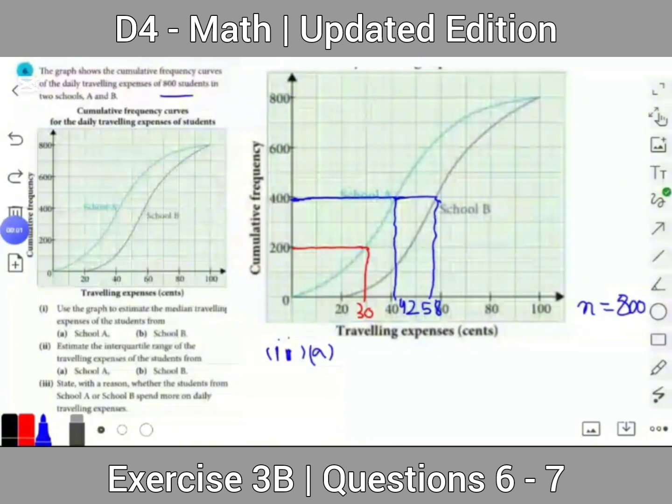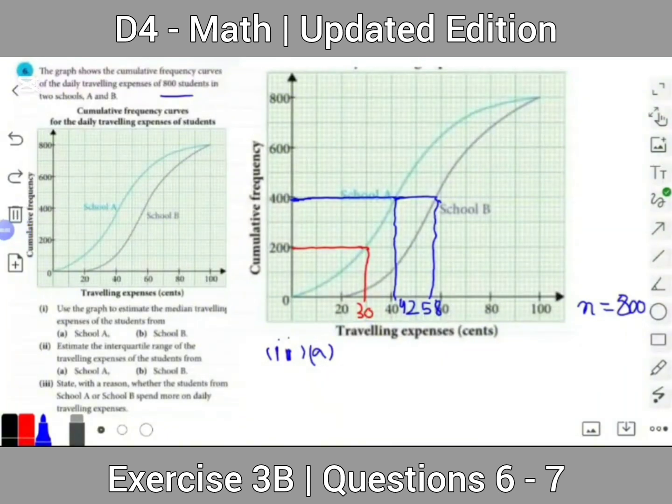To estimate the upper quartile from the cumulative frequency curve representing school A, we find the position of the upper quartile using 3 by 4 multiplied by n. So here we have 3 by 4 multiplied by 800, and it will be equal to 600.